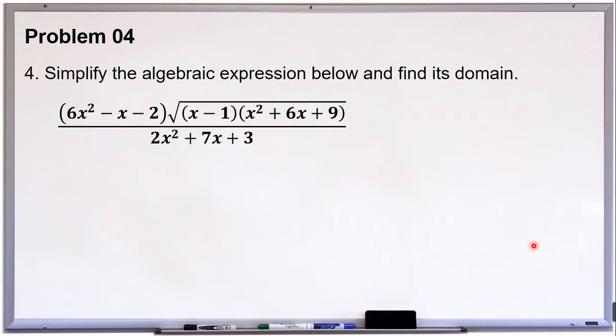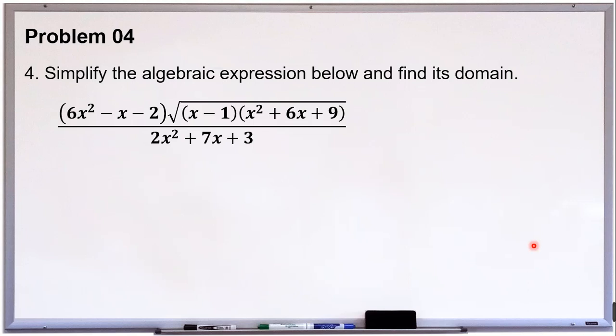Next, let's proceed to problem number 4. In this problem, you're going to simplify the algebraic expression below and find its domain. So first, we're going to simplify this one, and then after that, we're going to follow the next requirement, which is we're going to find its domain.